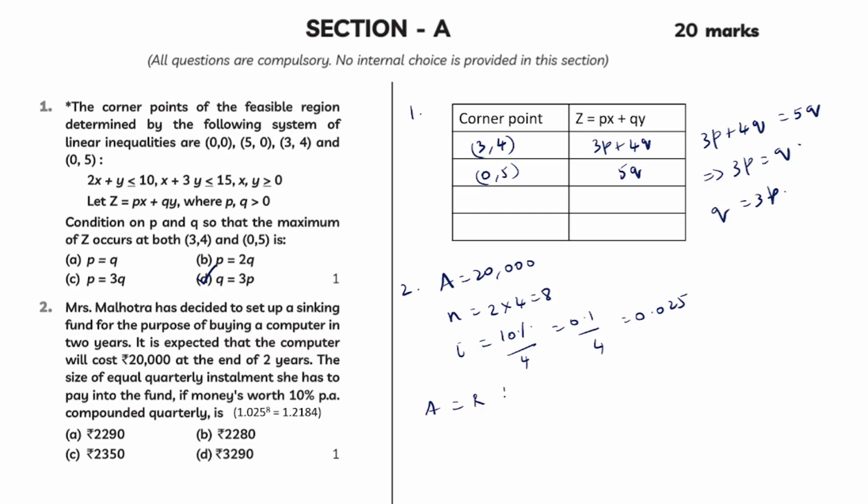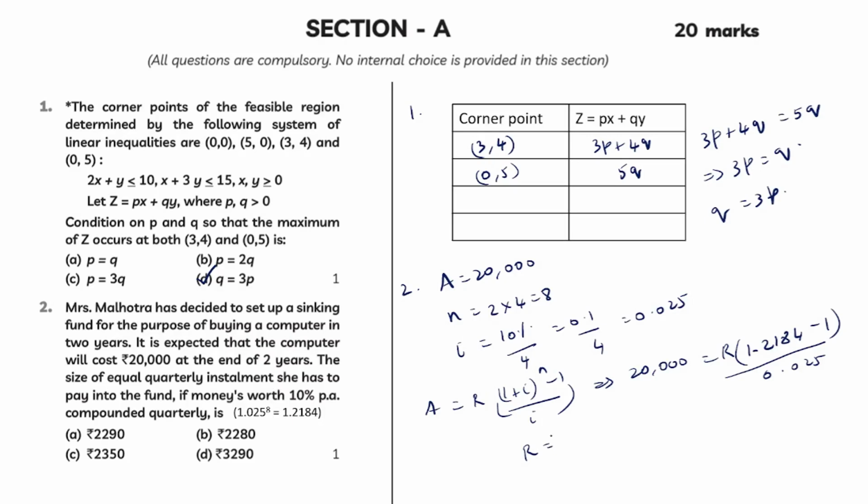So we have A = R into ((1 + i)^n - 1) upon i. From this we have 20,000 = R into ((1.025)^8 - 1) upon 0.025. The value is given here: 1.2184 minus 1 upon 0.025.